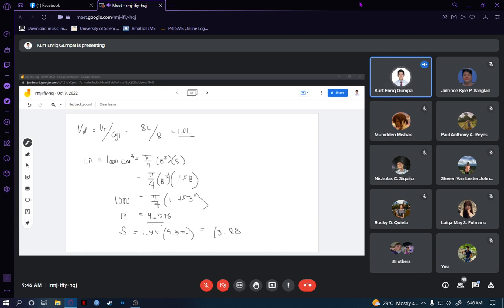Now karon, from this 13.88 nga stroke, pila karon ang imong piston cylinder nga speed. Okay? Since sakto naman ang inyong stroke, pila na karon ang speed dapat?